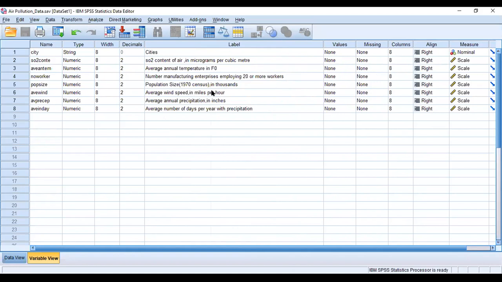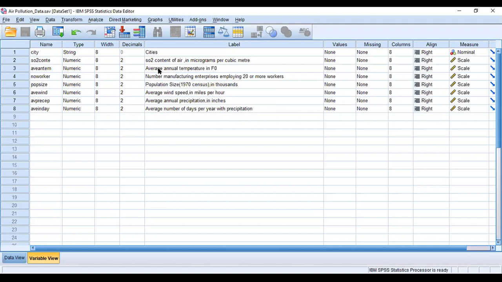Then population size as per the 1970 census in thousands. Then wind, the average wind speed in miles per hour, so that also pollutes the air. Then average annual precipitation in inches. Then average number of days per year with precipitation.